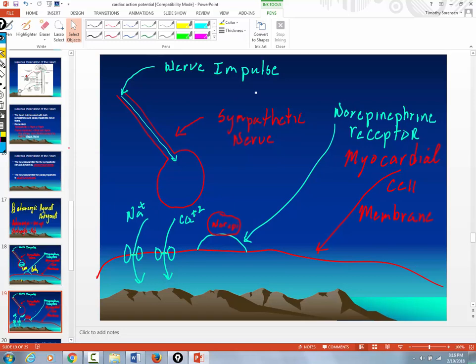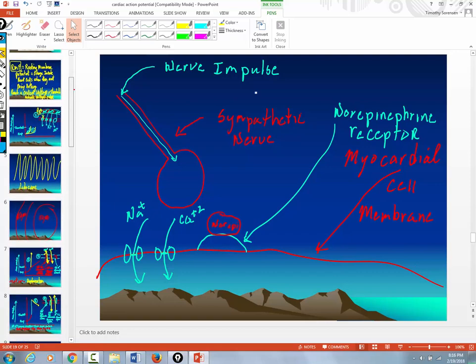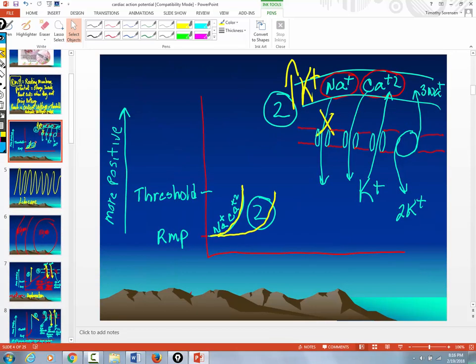If sodium and calcium start leaking in more, what's going to happen to the time it takes to reach threshold? Will it be faster or slower? Faster. So what will happen to heart rate? Go up.